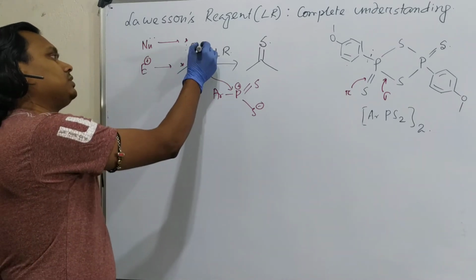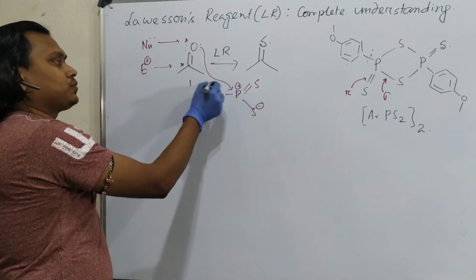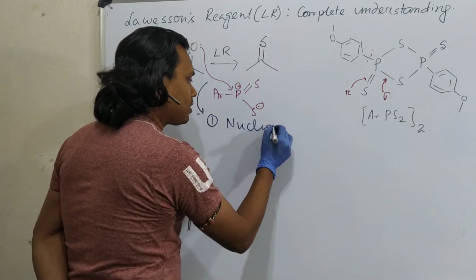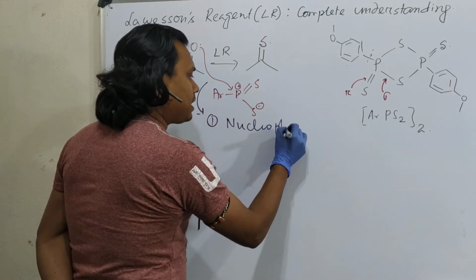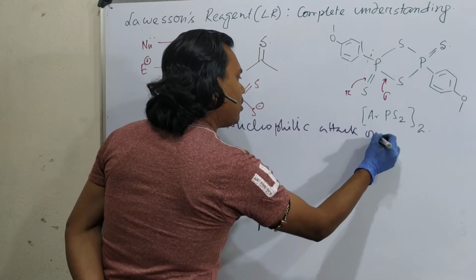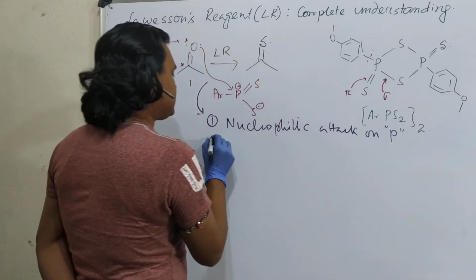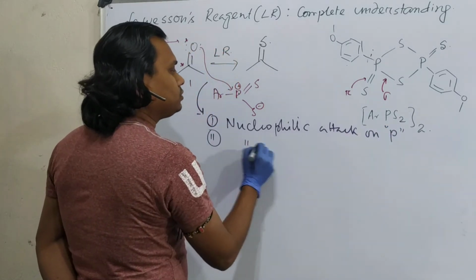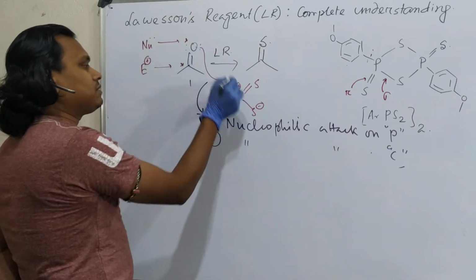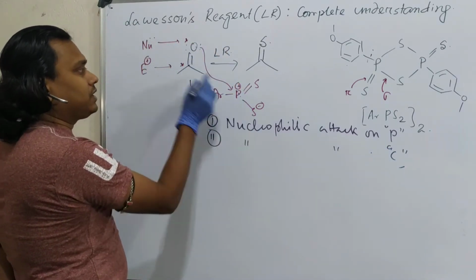First of all, point 1, nucleophilic attack on phosphorus, and second is nucleophilic attack on carbon. This is done by oxygen, and the sulfur attacks this.